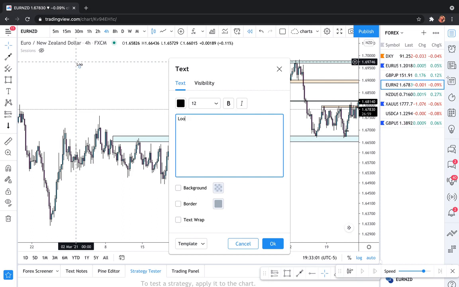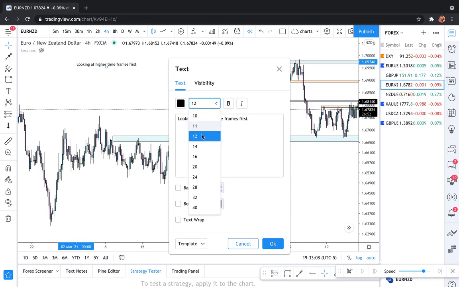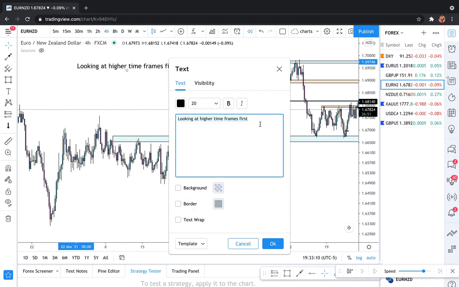So looking at higher time frames first for the trend. So H4 or H8 or even H1, doesn't matter.